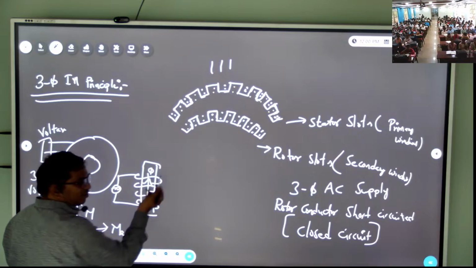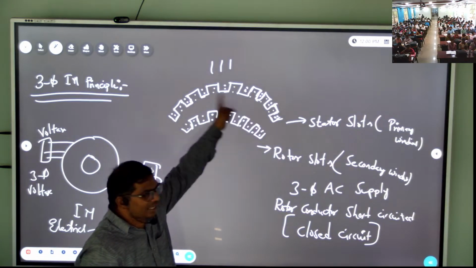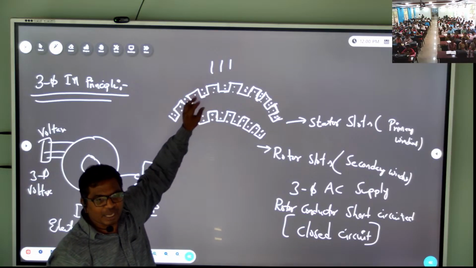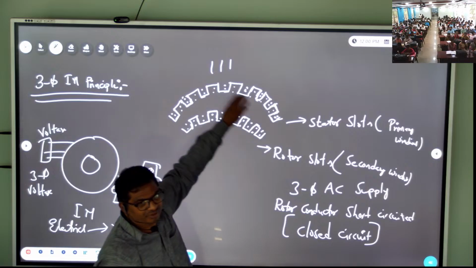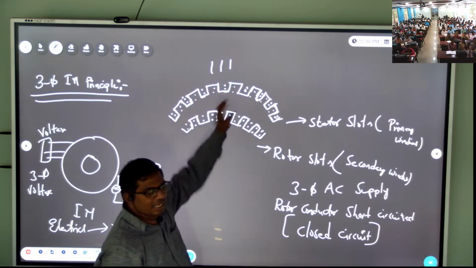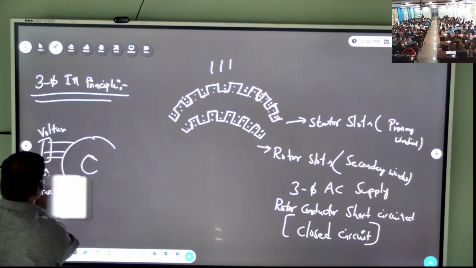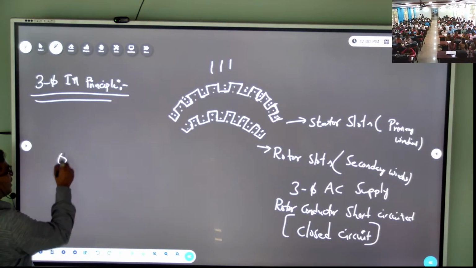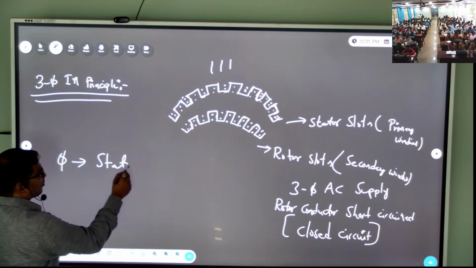In the same way, because of the winding of these stationary conductors, flux is established in the stator conductors.